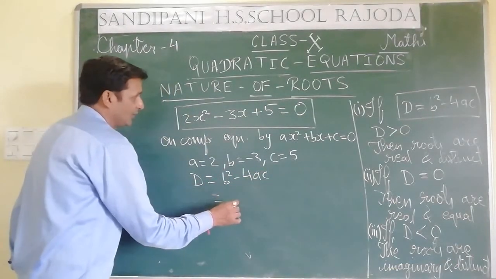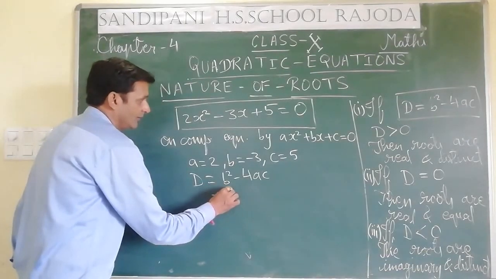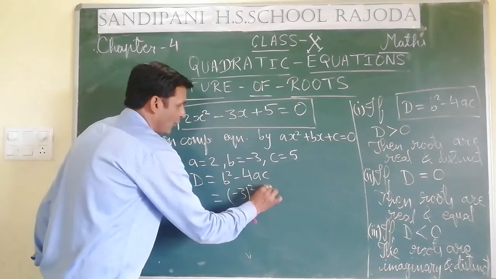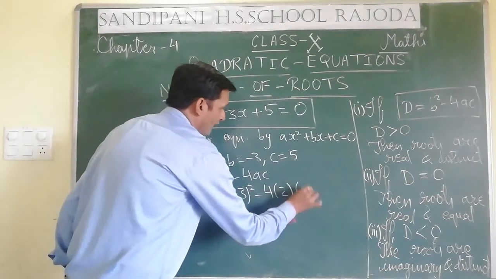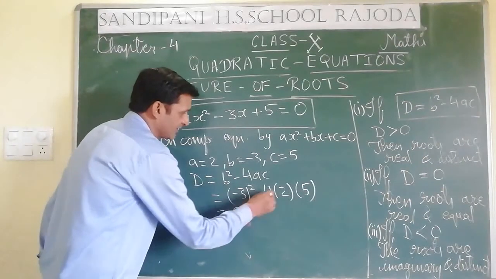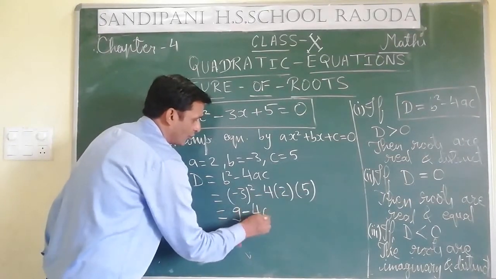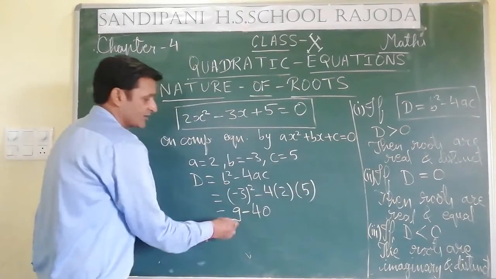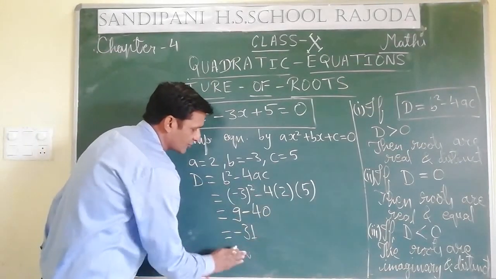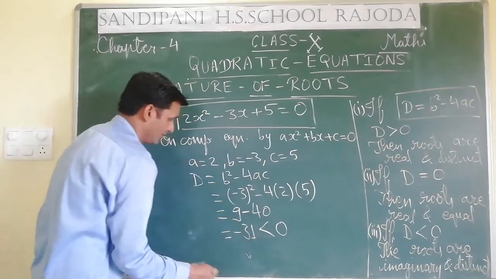So it is equal to minus 3 square minus 4 into 2 into 5. That will be equal to 9 minus 40. 4 2s are 8, 8 5s are 40. So 9 minus 40 is minus 31, which is less than 0.